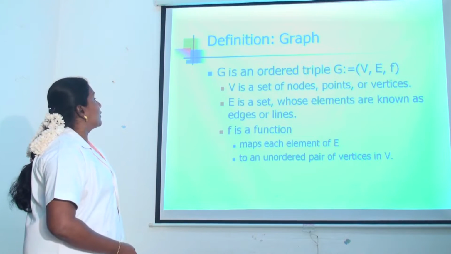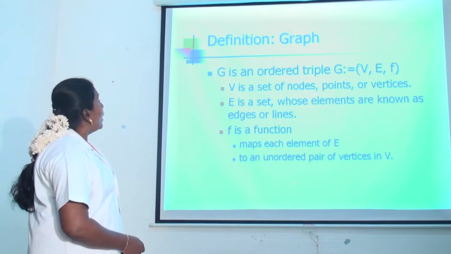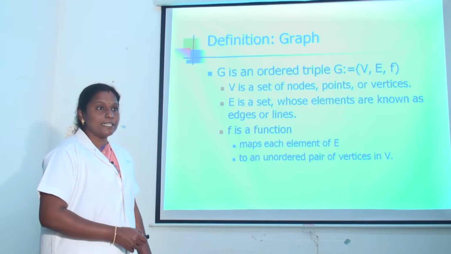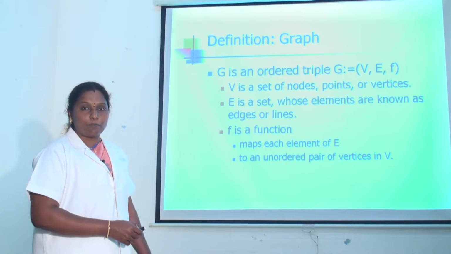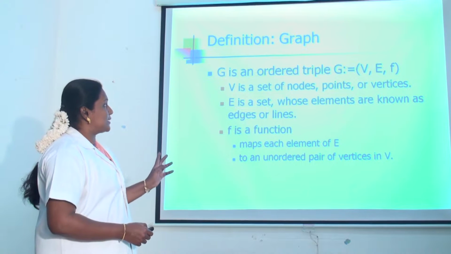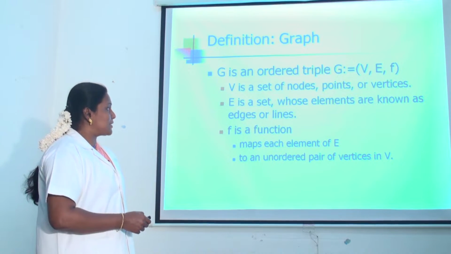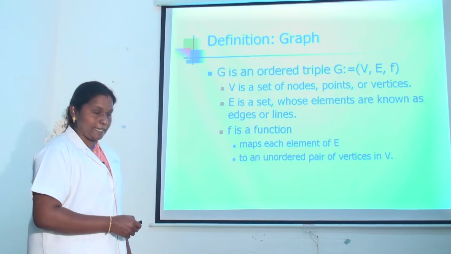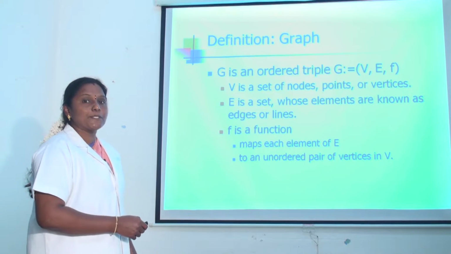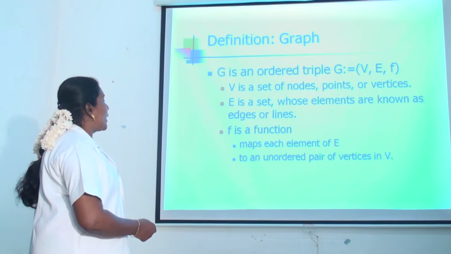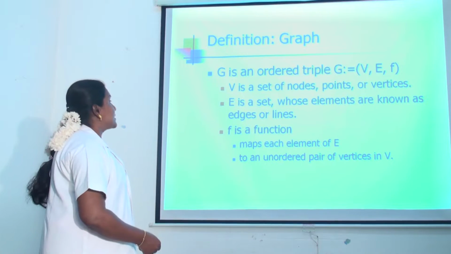Next is the basic definition of a graph. A graph is an ordered triple G = (V, E, F). V is the set of nodes, points, or vertices. E is the set whose elements are known as edges or lines. And F is a function that maps each element of E to an unordered pair of vertices in V. This is a graph.